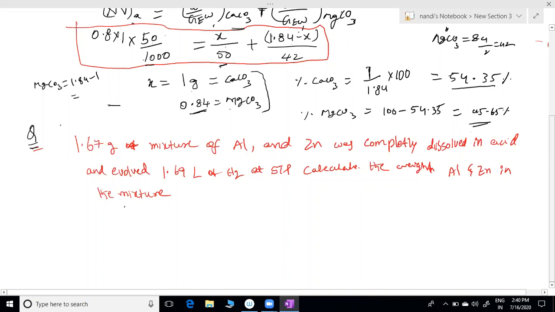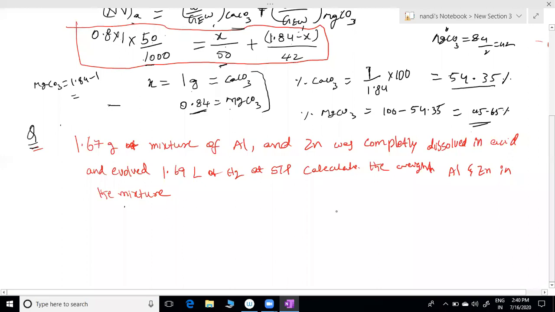That question is very simple, sir. GN of which is reacting with acid. So H2 is released. That's released by whom? Aluminum and zinc. You can write GN of aluminum plus GN of zinc. Both give H2, sir. So GN of H2.